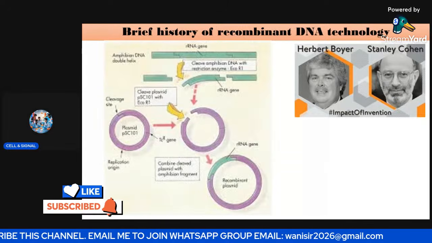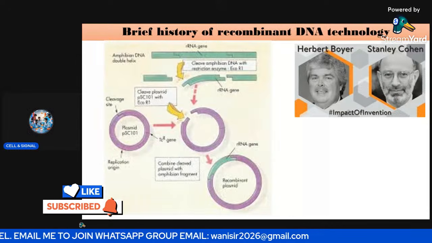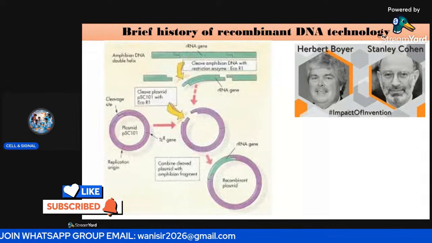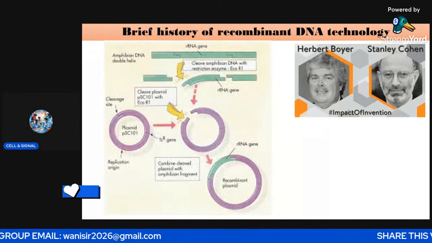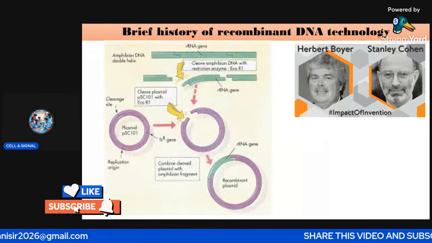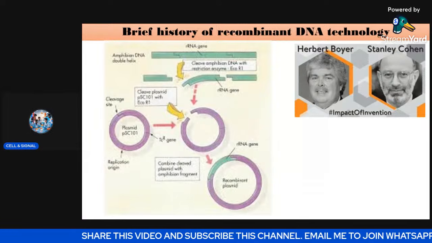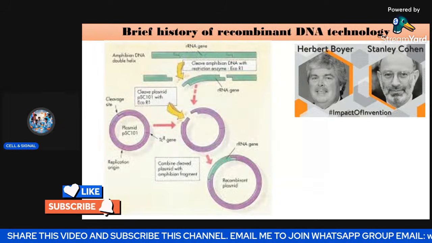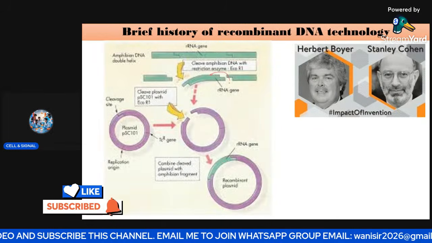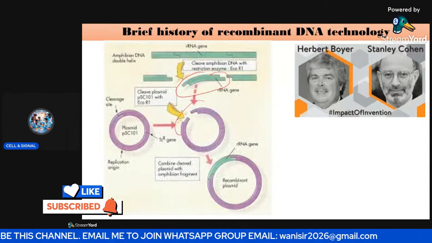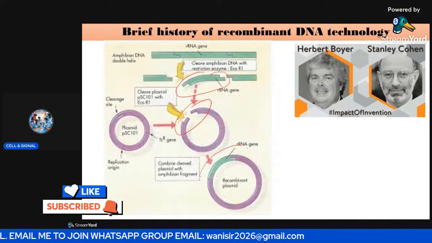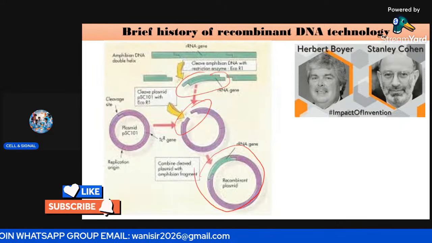For example, they took the amphibian DNA duplex and cut the rRNA gene from it, and then introduced that gene into the plasmid 101, and the portion of this DNA combined with plasmid 101, and it is now a recombinant product. So this is the recombinant product.